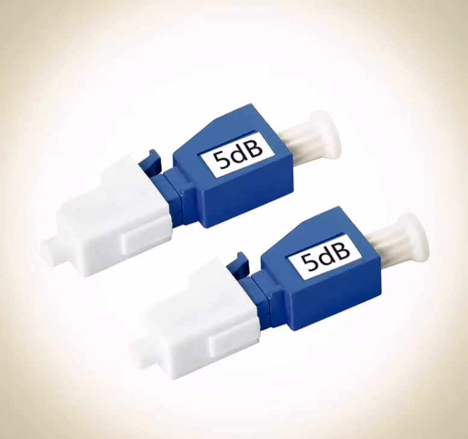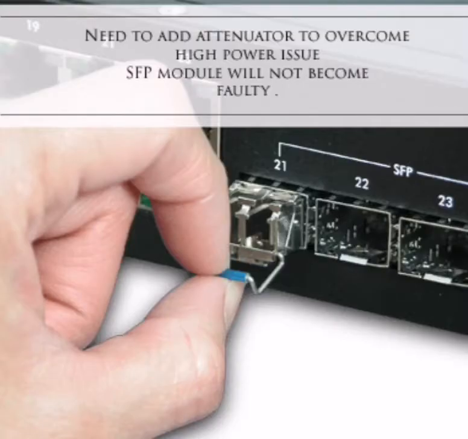In high power, sometimes your SFP may burn or it may be faulty due to the high power issue. So attenuator is one of the components due to which your SFP will be safe. So this is the role of attenuator in the SFP module.